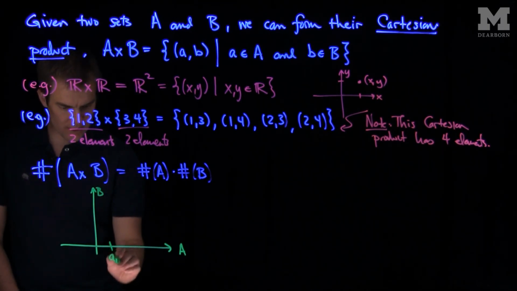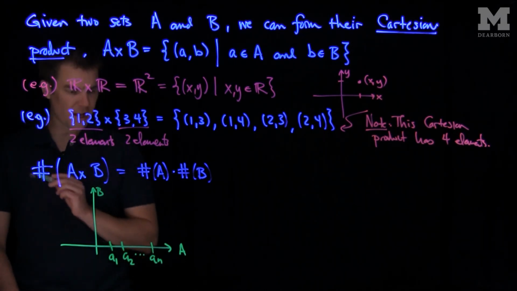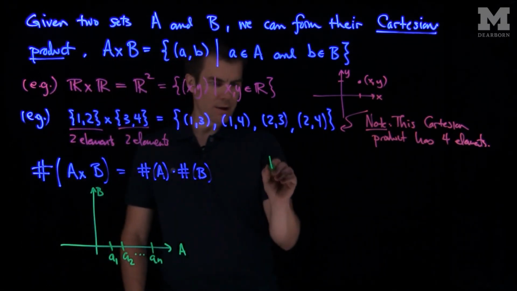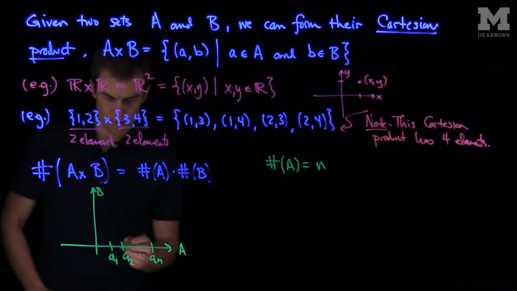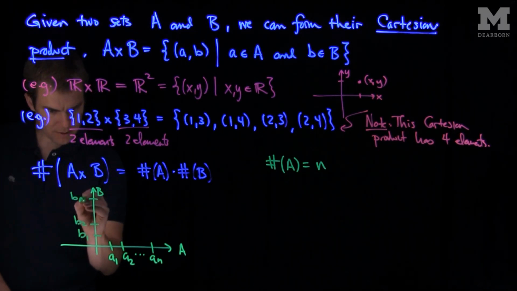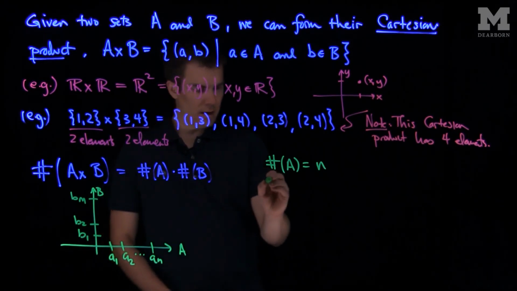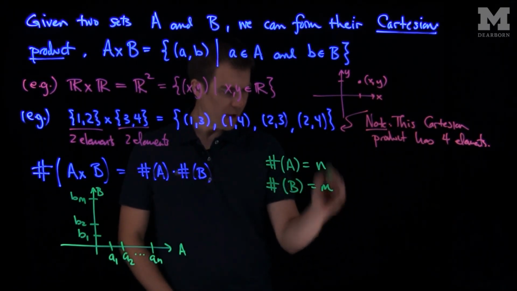I can write down the points, maybe a1, a2, up to an. So there are n points over here in A. In other words, the cardinality of the set A will just be n, since I've written them out. And then over here I'll do b1, b2, all the way up to bm. And so the cardinality of B is equal to m.